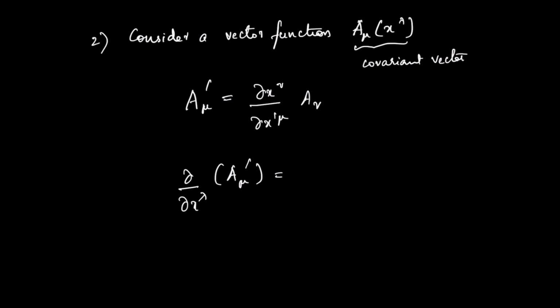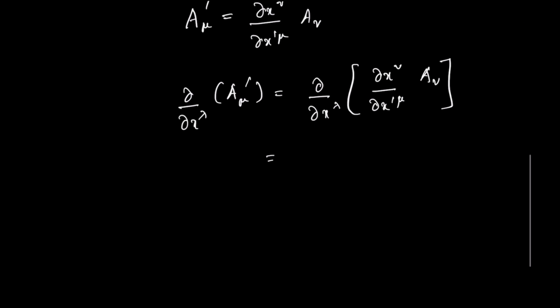So I have to take the derivative on the right hand side also. So the partial derivative with respect to x lambda of the partial derivative of x nu with respect to x prime mu, times a nu. So here first I have to take the derivative of this term and then I have to take the derivative of the second term.